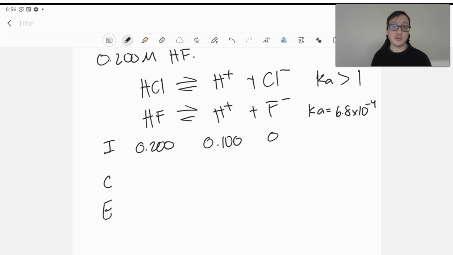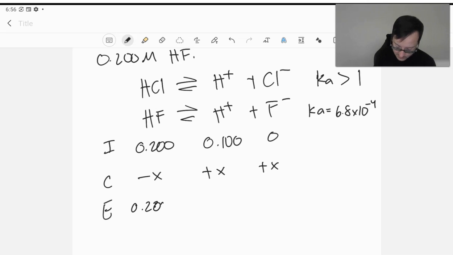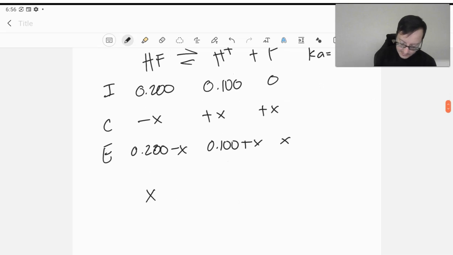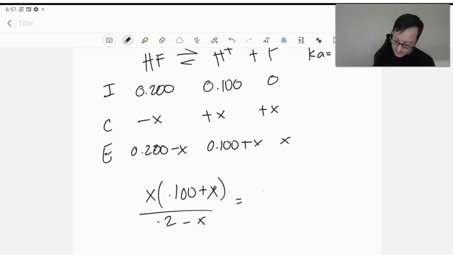So we're still going to shift to make products, but the degree to which we're going to do that is much different than it would be without this H plus in there. So let's subtract X from the reactant side and add it to the other: 0.200 minus X, 0.1 plus X, and then we have X. So we get X times 0.1 plus X over 0.2 minus X equals 6.8 times 10 to the negative 4.